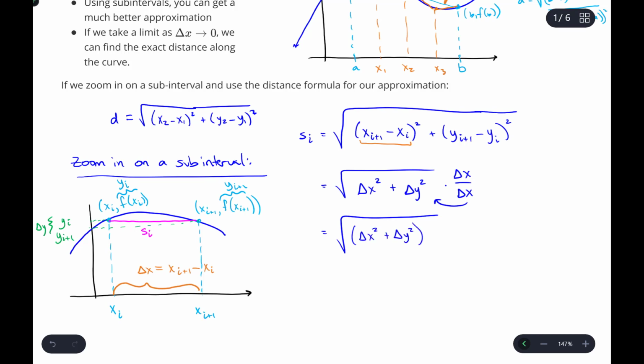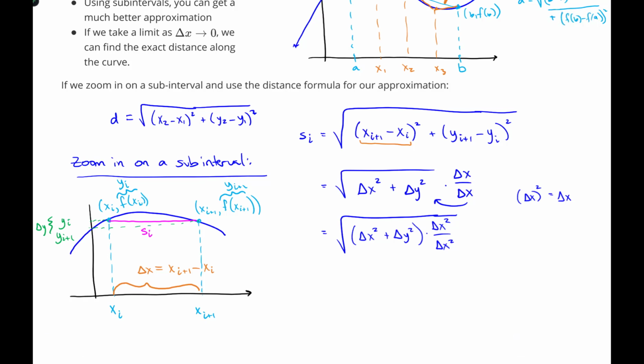So this would become times delta x squared over delta x squared. And when I say delta x squared, I mean this, so the delta is part of the variable name. So I mean the whole value squared.